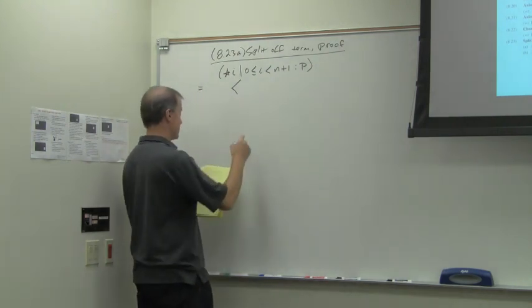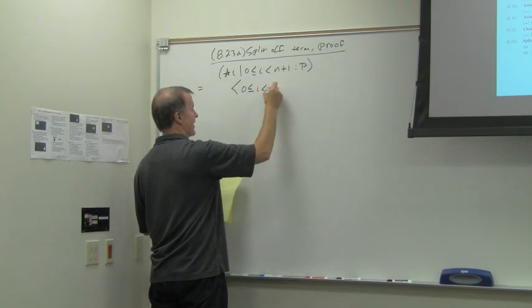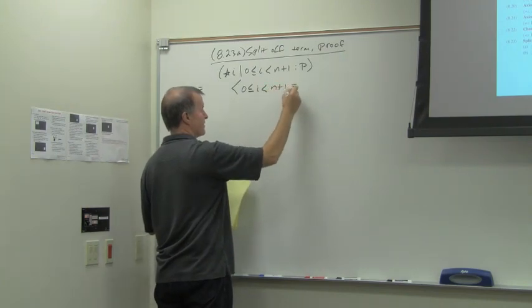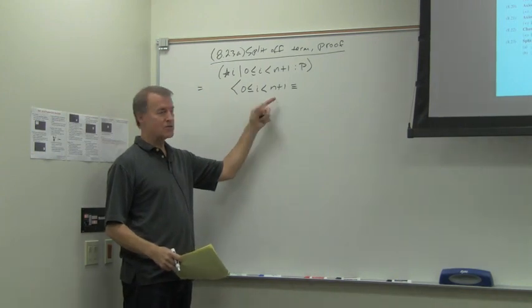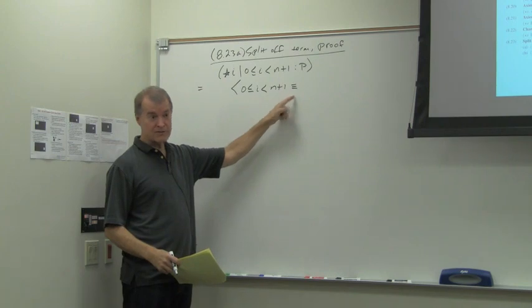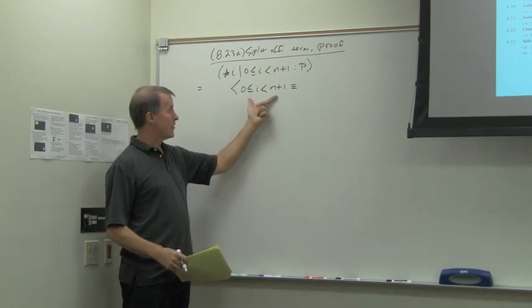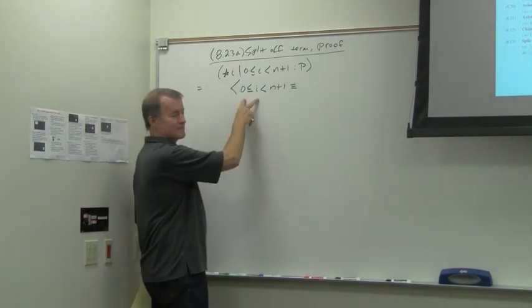Do you believe this? What is 0 less than or equal to I less than n plus 1? This is a Boolean expression, right? It's either true or false, yeah? So you see we use equivalence because equivalence works for Booleans.